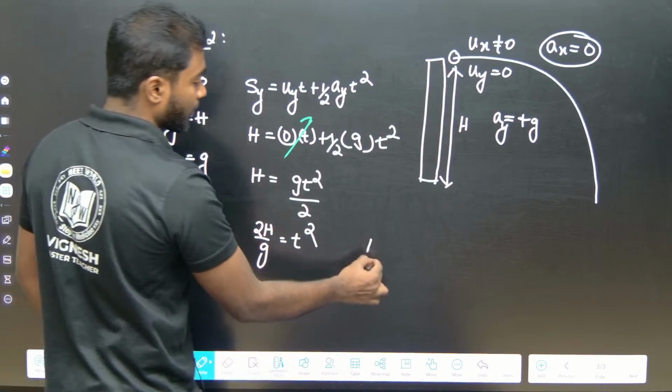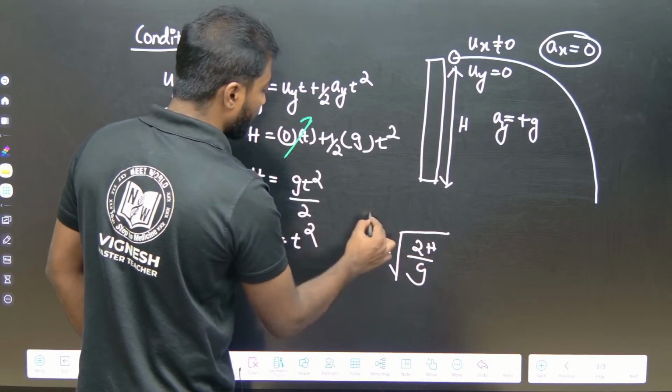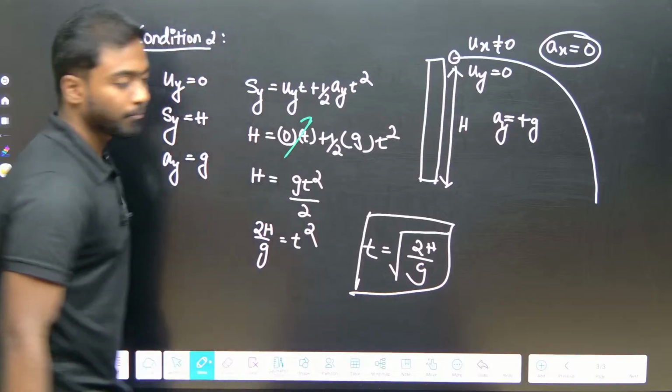So t will be equal to root over 2h by g. Am I getting the same answer for both the conditions?